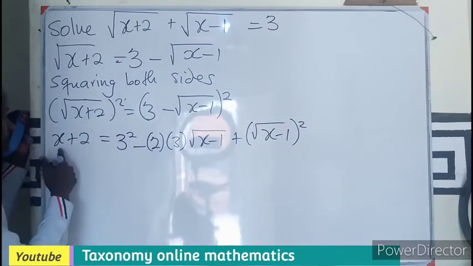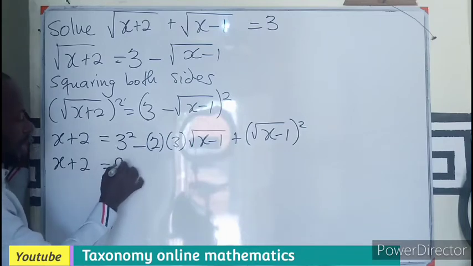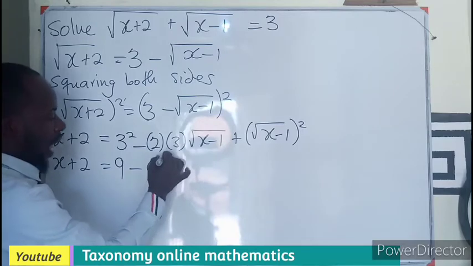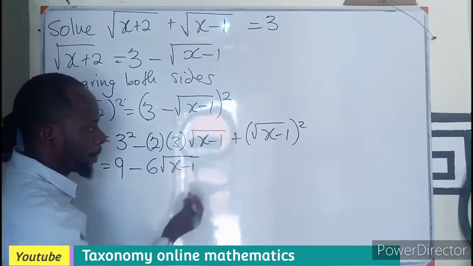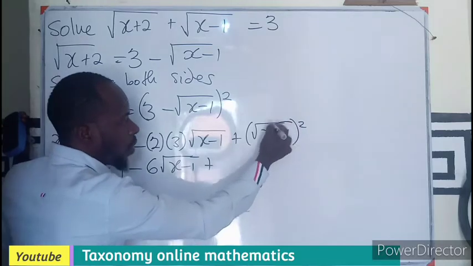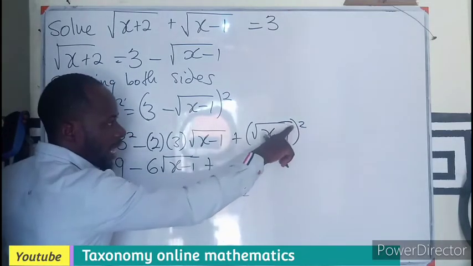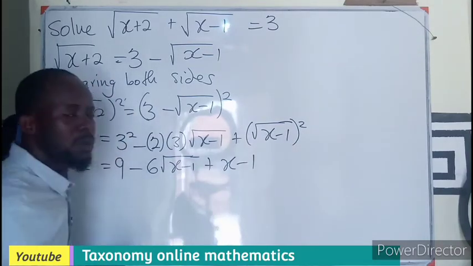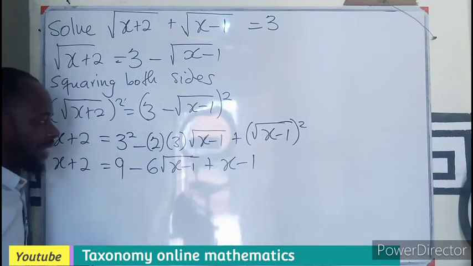I believe fast forward, we will have our x plus 2 equals. We have 3 squared to be 9. 2 times 3, 6. Still our root of x minus 1 will feature. Then I have plus, seeing all of this is one term, so the square can cancel the square root, leaving us only x minus 1 from that bracket, because the square root will be cancelled by the square.